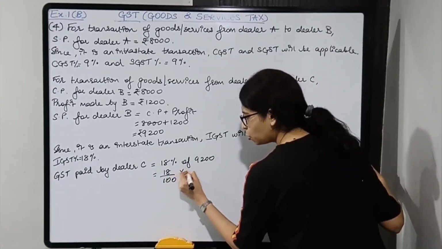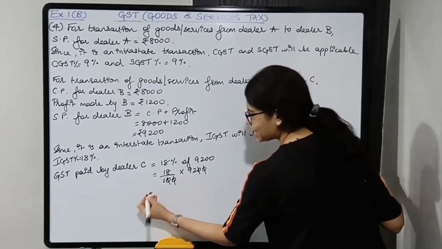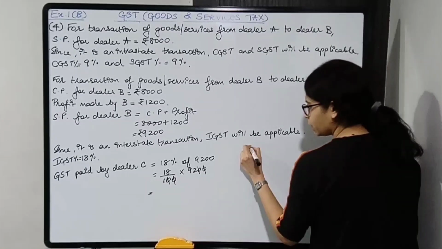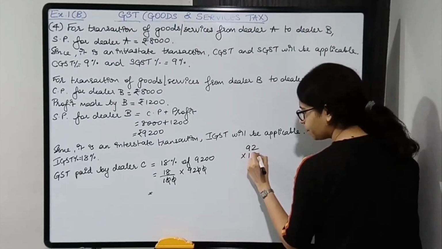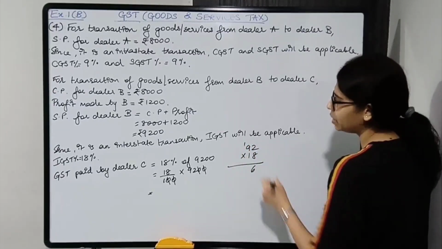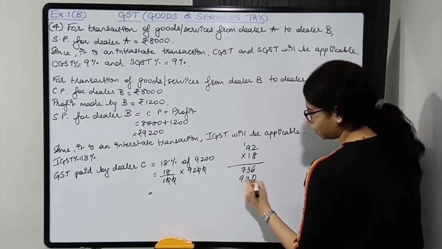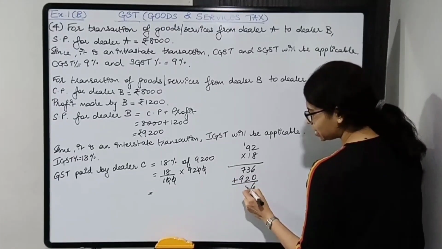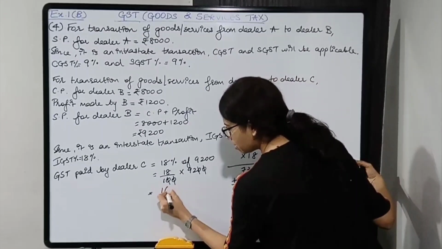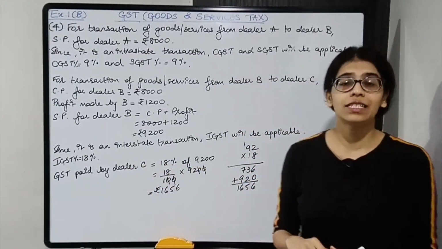Of means into 9,200. 0 0 0 0 gets cancelled. 18 into 92. So let's multiply. 8 2s are 16. 8 9s are 72 plus 1 73. 0 2 9. So 6 5 and 16. 1656 is the GST paid by dealer C.